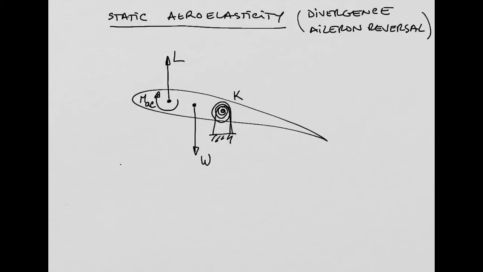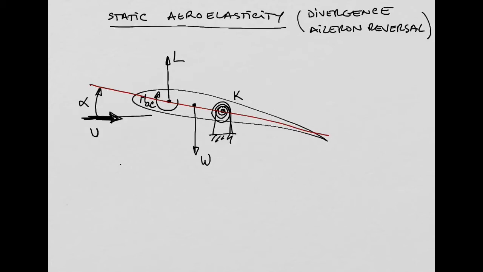We are going to assume that this airfoil is at some angle of attack, alpha. So our free stream velocity is this vector here, U, facing the airfoil with this angle of attack alpha.